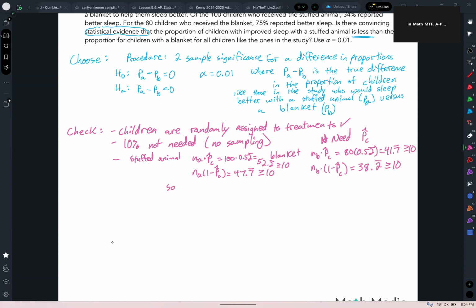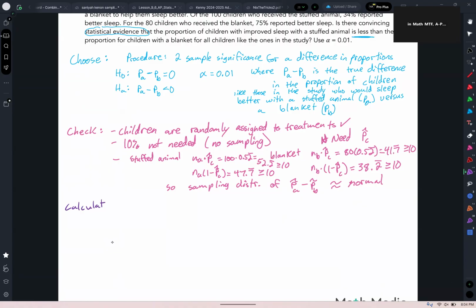So the sampling distribution of the stuffed animal proportion minus the blanket proportion is approximately normal. All right, now calculate, which is always somewhat of a misnomer.